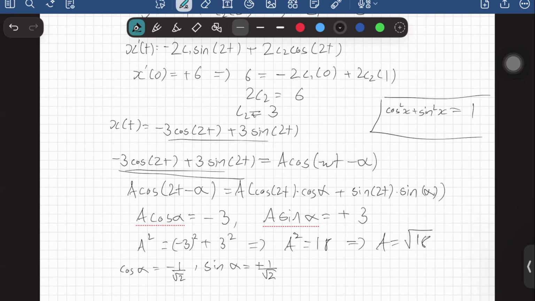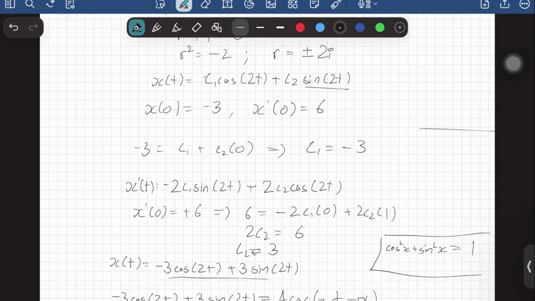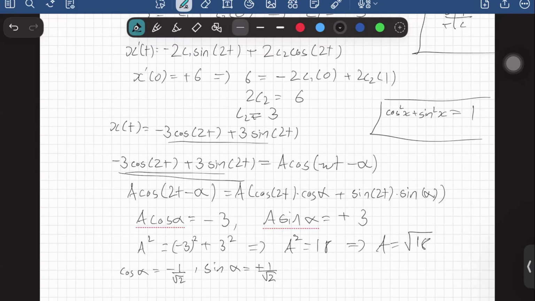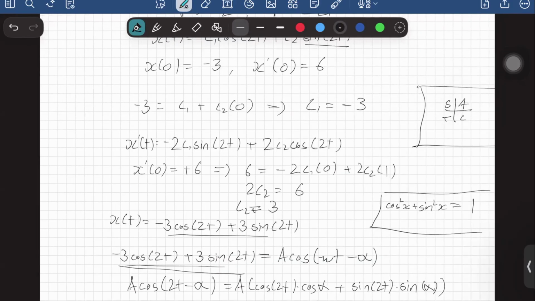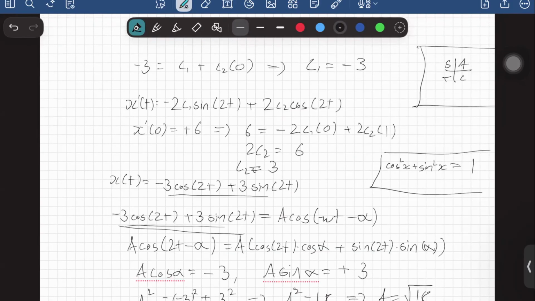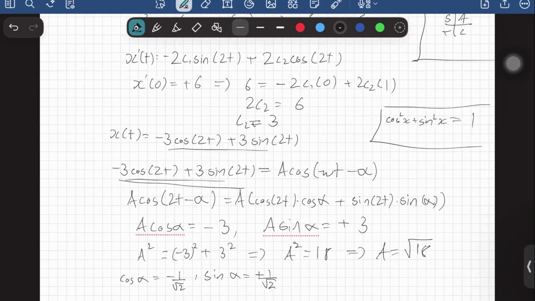If we remember our quadrants, I'm just going to do a bit of rough work over here. According to the quadrants, everything is positive, only sine is positive, that's tan and that's cosine. So since cosine is negative but sine is positive, that brings me to the point that the angle alpha exists in the second quadrant, right?